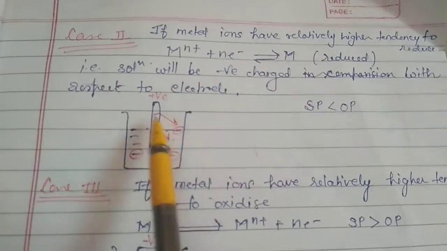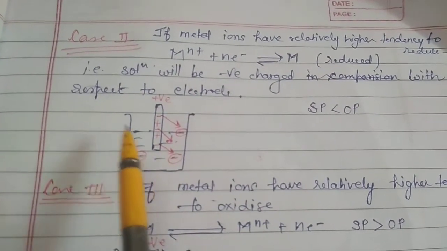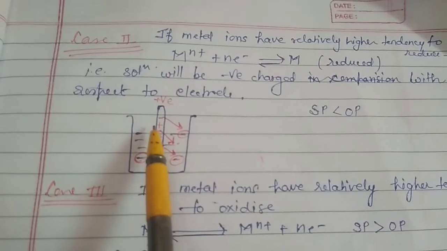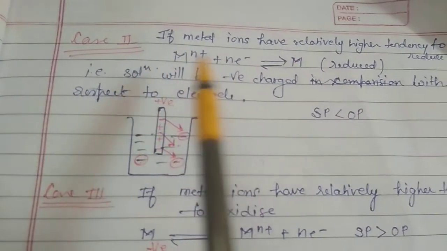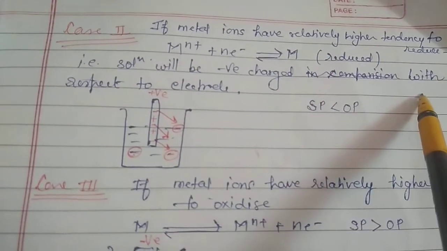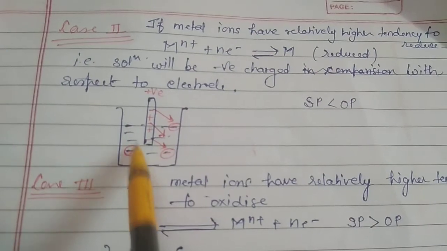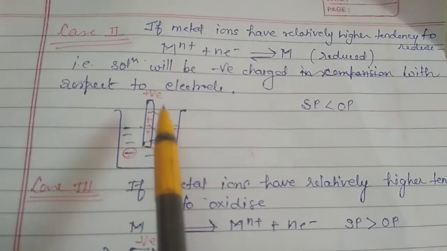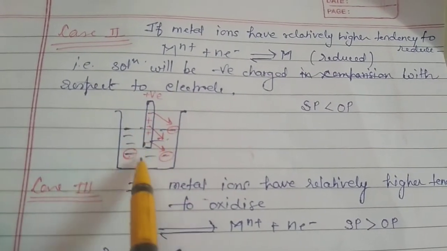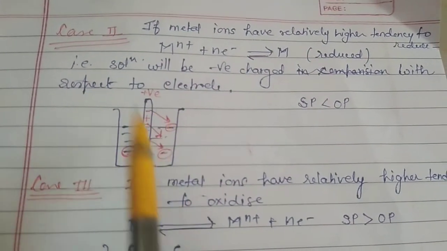As reduction is taking place at this rod, reduction potential is developed here. So we may say the solution will be negatively charged with respect to the electrode. The solution would have negative charge, the rod would have positive charge, potential would be developed, and as reduction is taking place, reduction potential is being developed.